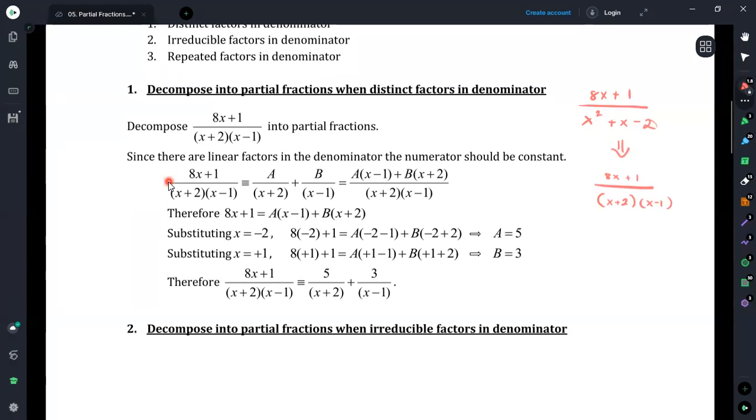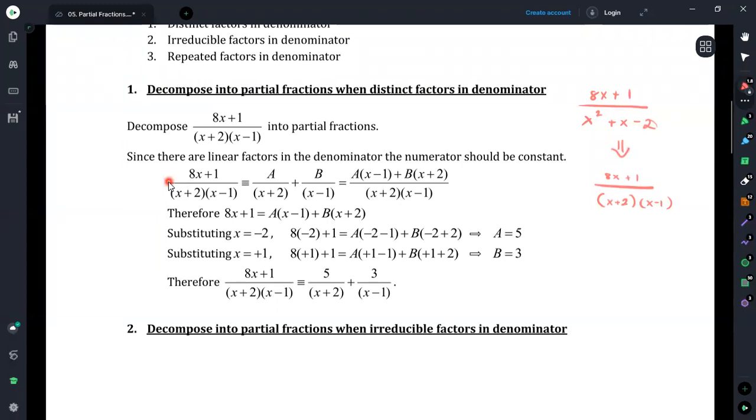When I was discussing partial fractions, I told you that once we decompose an algebraic fraction into partial fractions, the partial fractions should be the most simplified fractions. Then, if x plus 2 and x minus 1 are the factors, the quantities in the numerator should always be at least 1 degree less than the quantity in the denominator.